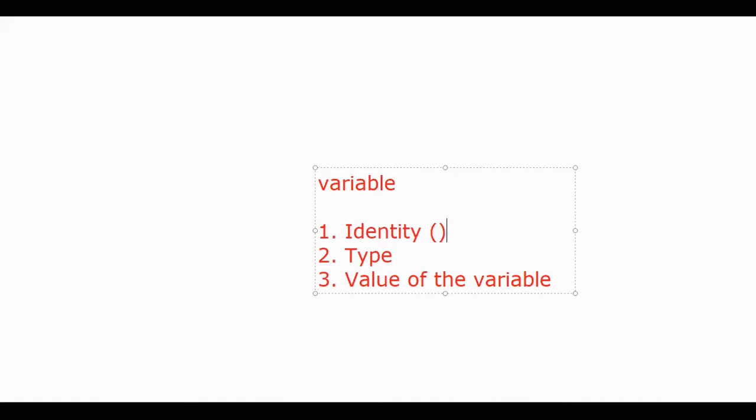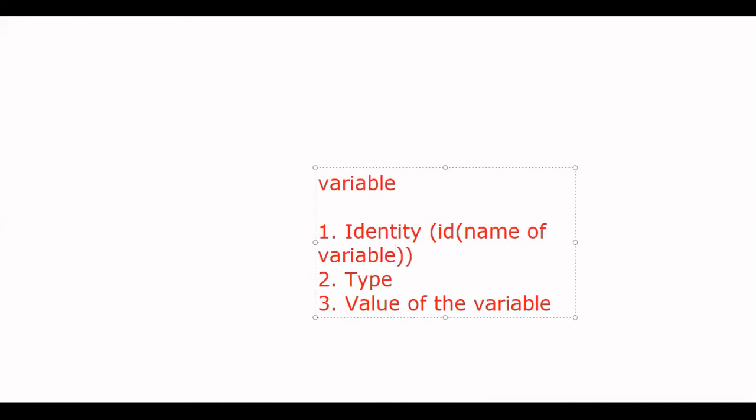How do you know the identity? We use the ID function. You all saw me using the ID function right now, na? Over here will come the name of the variable. And type, again, you will say type.